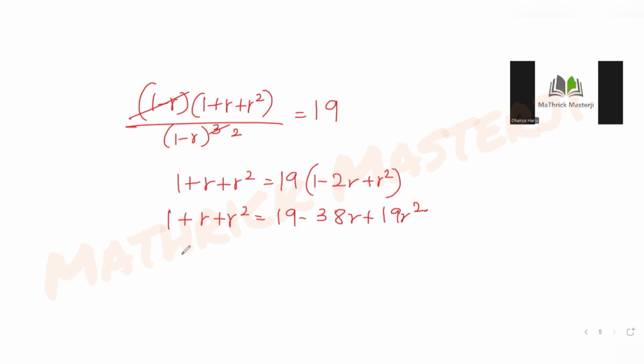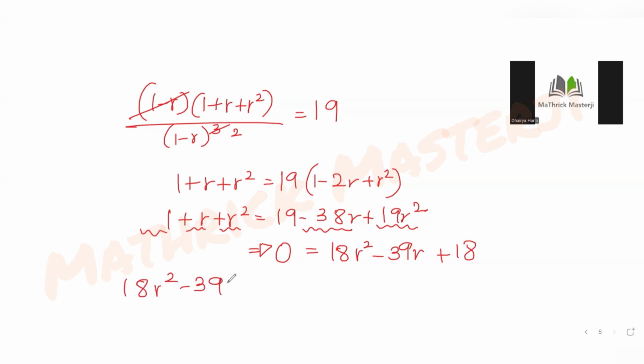Taking everything on the right hand side, 0 equals 18r square minus 39r plus 18. So I get this equation as 18r square minus 39r plus 18 equals 0.